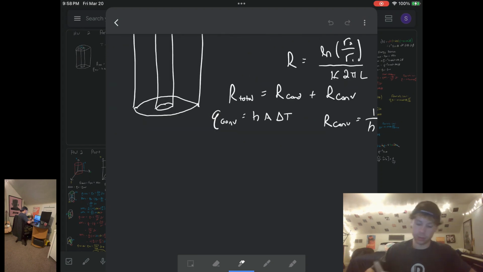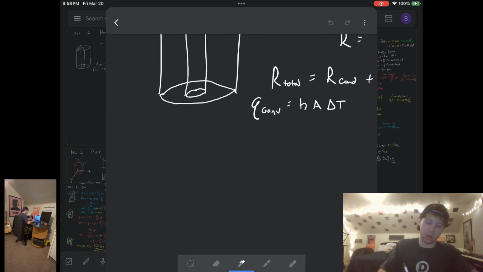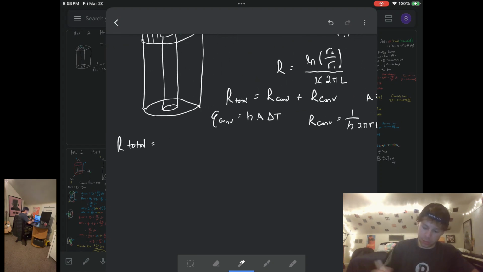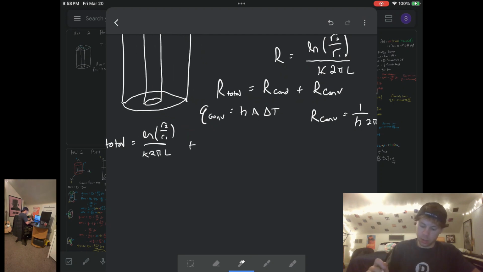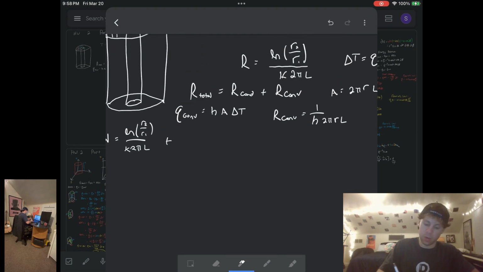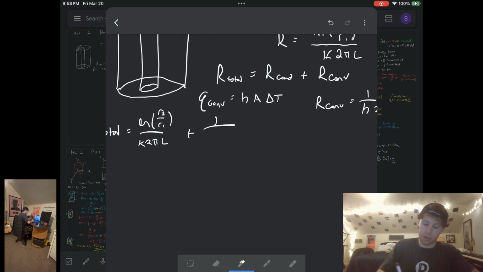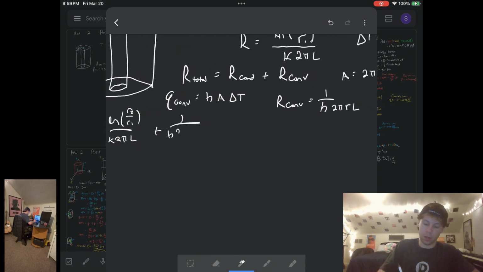If we combine these, our total thermal resistance is equal to the natural log of our outside radius over our inside radius divided by our thermal conductivity times 2 pi L, plus 1 over our coefficient of convection times 2 pi R L.